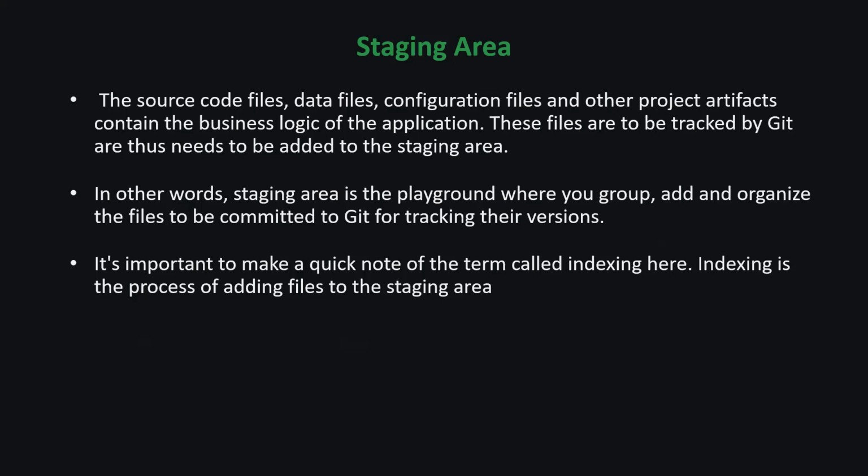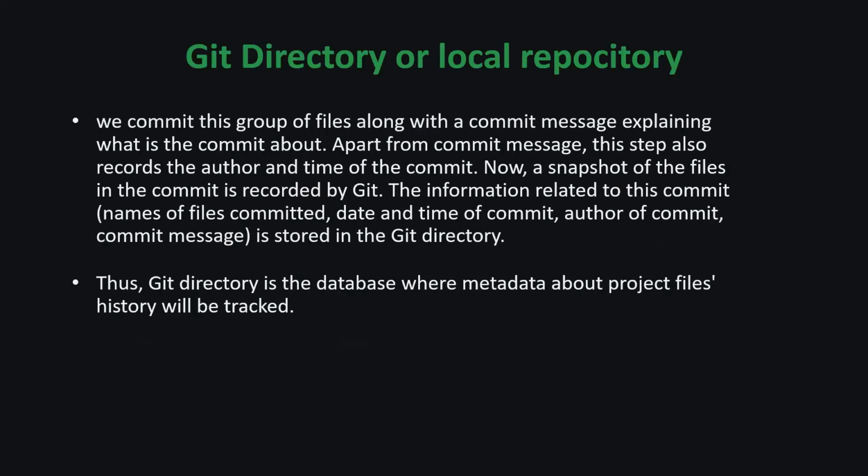In other words, the staging area is a playground where you group, add, and organize the files to be committed and tracked by Git for versions. It's important to make a quick note of the term indexing here. Indexing is the process of adding files to the staging area.